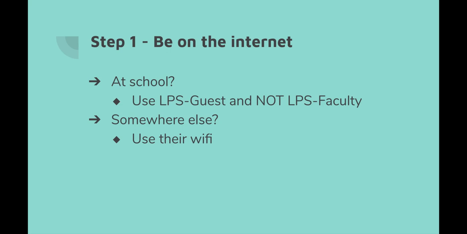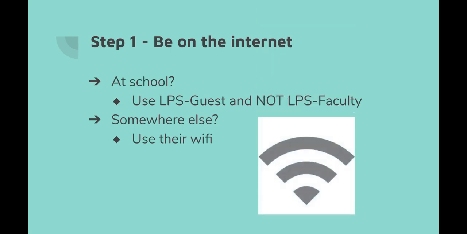And that certificate gets removed when you switch management systems like we're doing. So you either need to be on guest or be somewhere else and use their Wi-Fi. Starbucks, McDonald's, Panera Bread, anywhere like that. This can be done anywhere that there's Wi-Fi.